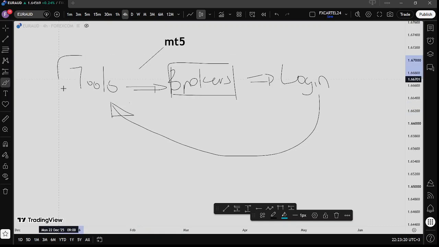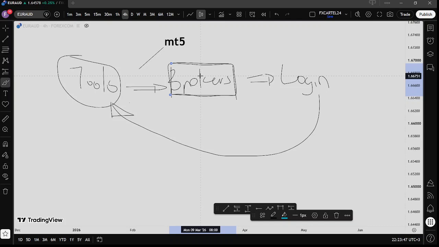Before studying these tools, we are first going to study the brokerage. We get the logins with the brokerage that we have learned, and we shall download the application which we shall use.